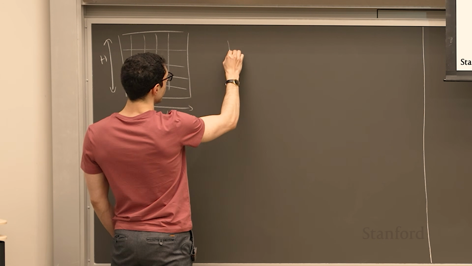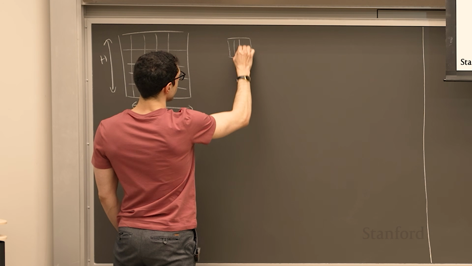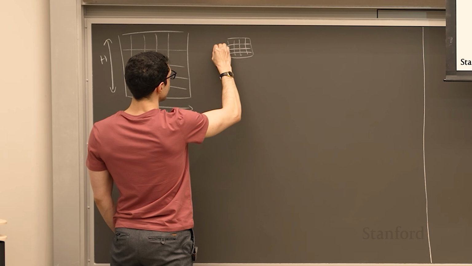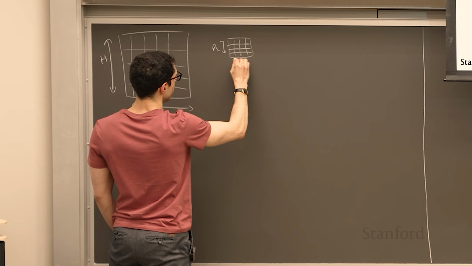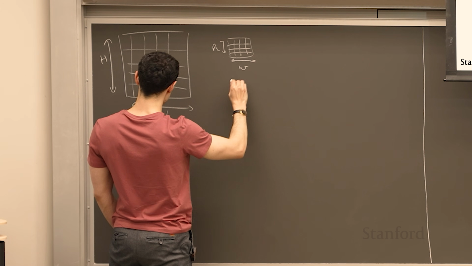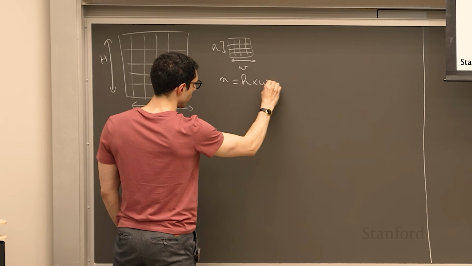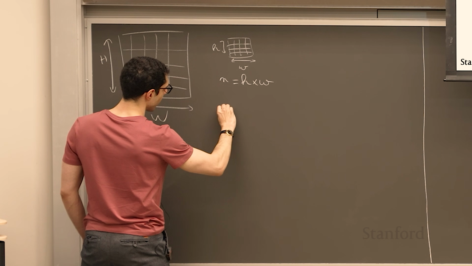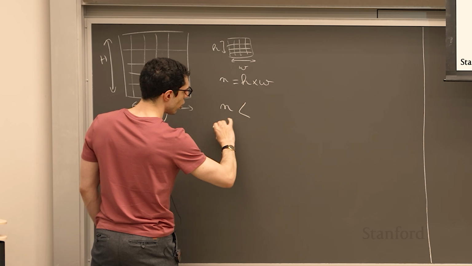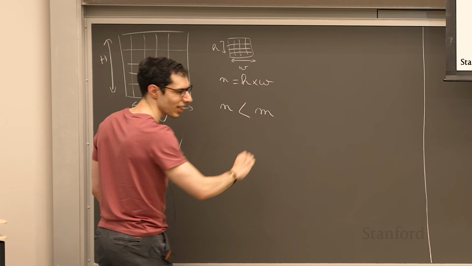And let's say you have a smaller image with little h and little w, and n is equal to h times w. I'm just saying that n is a lower resolution than m.